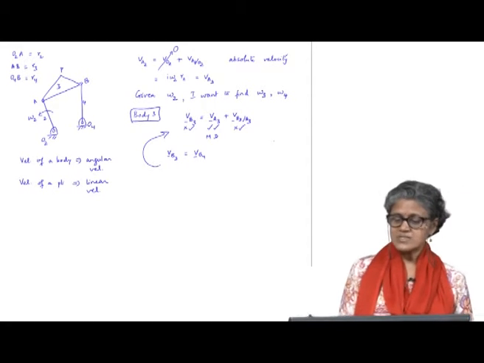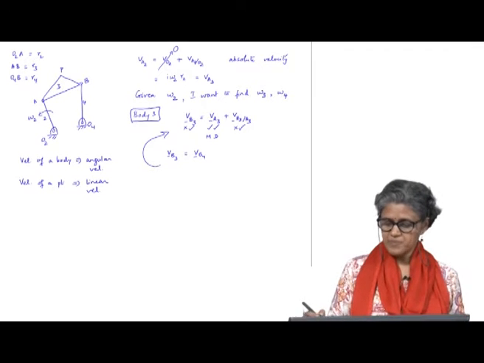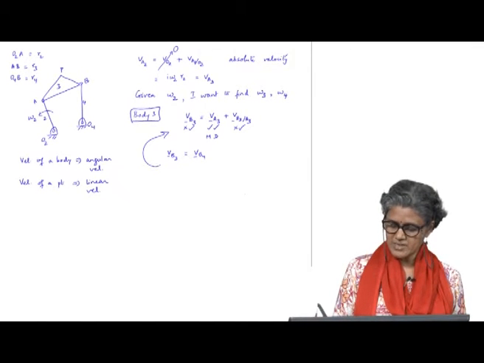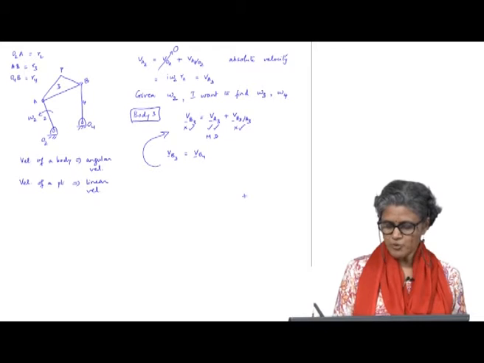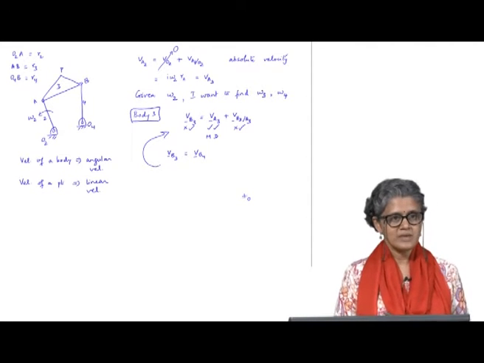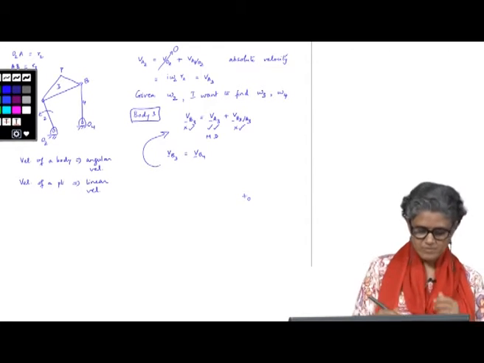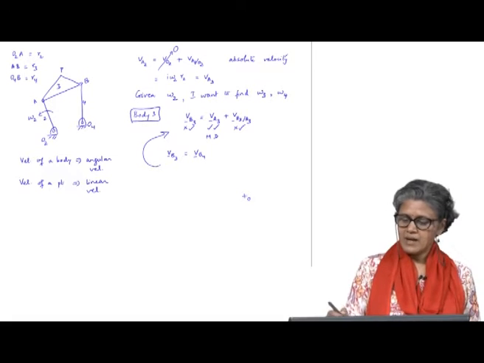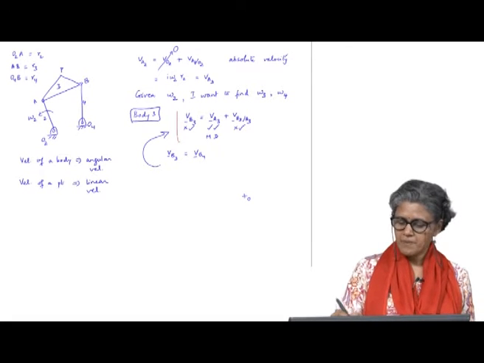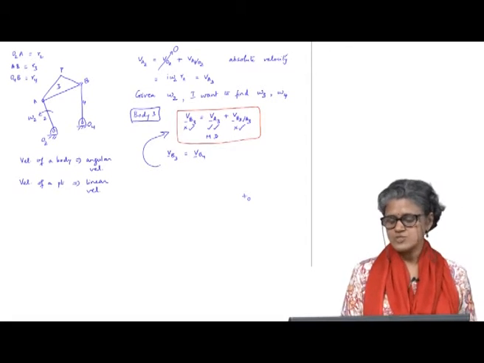Okay. So, let us do that graphically. In the velocity diagram, all the points with velocity 0 are represented as O. Now, this is the vector equation I am trying to solve.